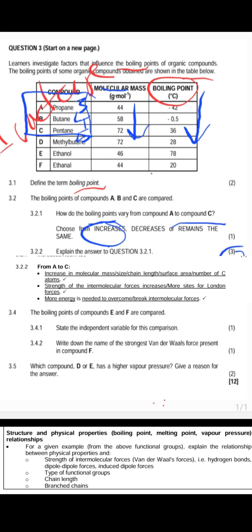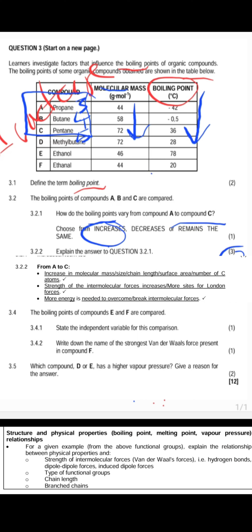That's just what we are doing here, Mfanabo. And as we do that, it means we are strengthening the intermolecular forces. So the increase in molecular mass or in the number of carbons results in an increase in the strength of the intermolecular forces. It means pentane has greater intermolecular forces than butane, and butane has greater intermolecular forces than propane.